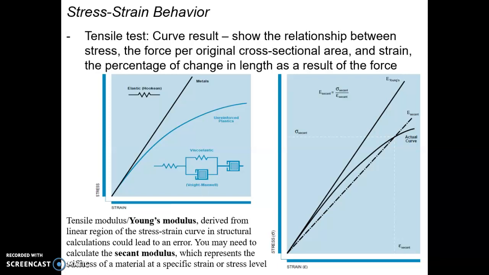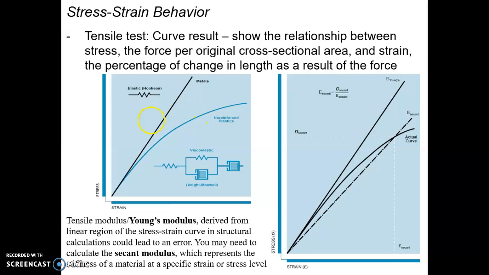Okay, we will look at the stress strain behavior. A simple tensile test determines the stress strain behavior of plastic materials, and the result is usually expressed as a curve showing the relationship between stress, the force per original cross-sectional area, and strain, which is the percentage of change in length as a result of the force.